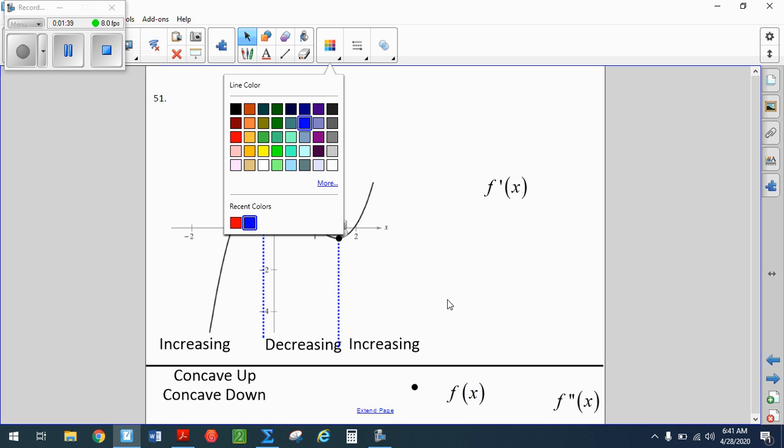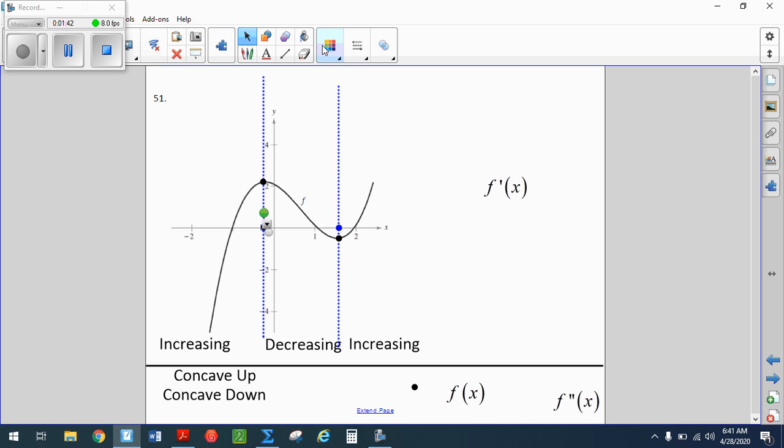Maybe if I make those blue, we can distinguish between the original and the derivative. So my derivative curve could look something like this, where it's a quadratic and it comes down. Really bad drawing with a mouse, and then comes back up. We will try to draw something like that.